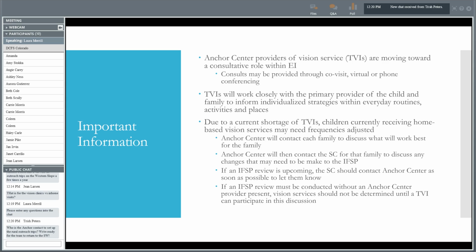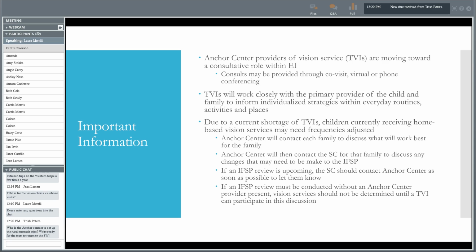Anchor Center providers are really moving towards a true consultative role within EI, and they're looking at providing consults through co-visits with the primary provider of the child, or virtual or phone conferencing visits, and this was in the email. The TVIs are going to work really closely with the primary provider of the child to inform those strategies, which Paula talked about earlier.